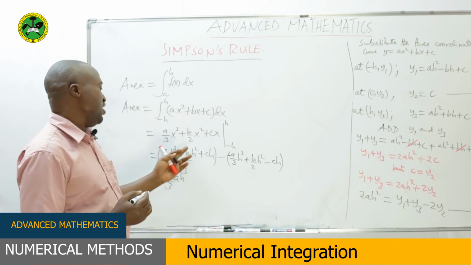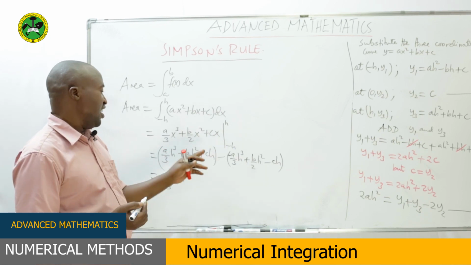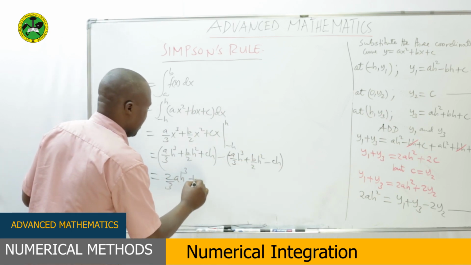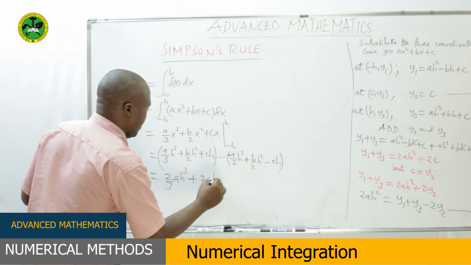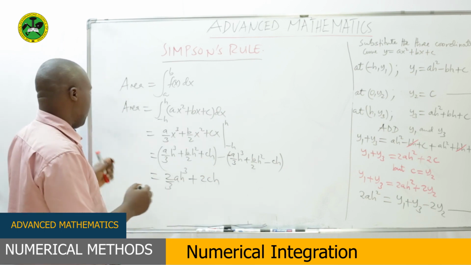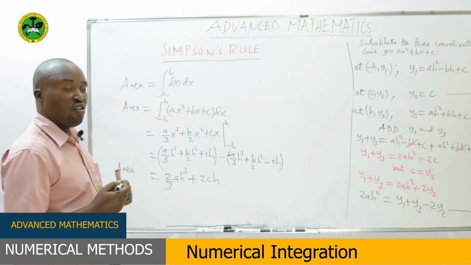Again here we have b over 2 h squared minus b over 2 h squared, that is 0. And ch minus ch, that is twice ch. So in this case we have the area of our curve.